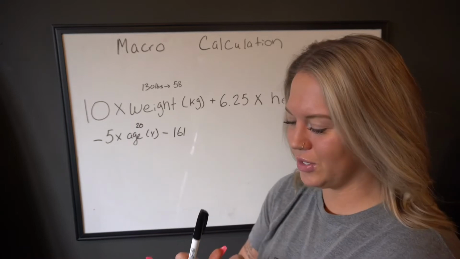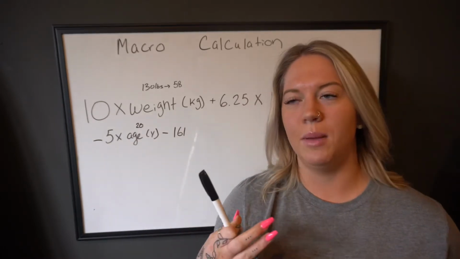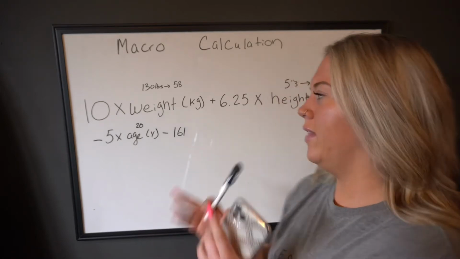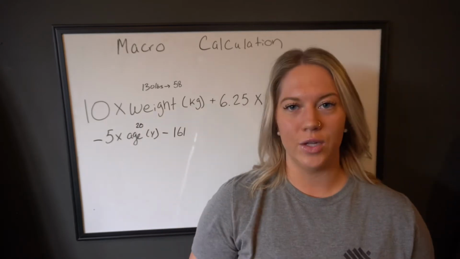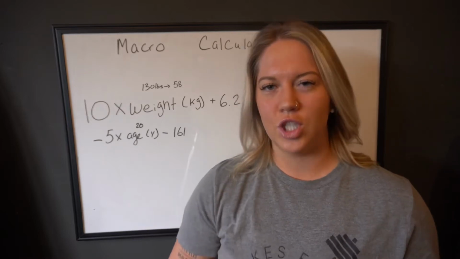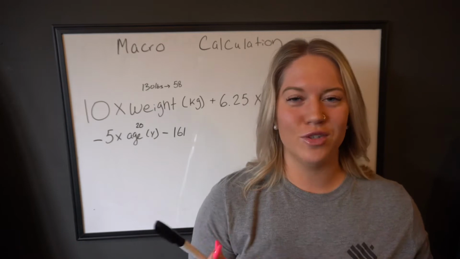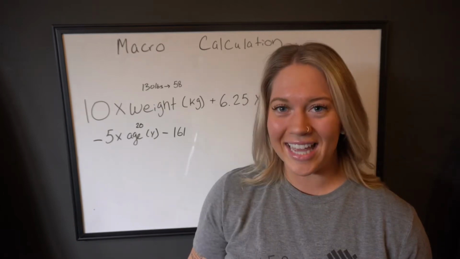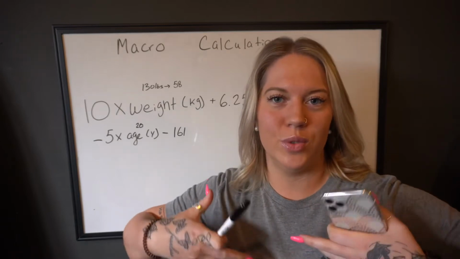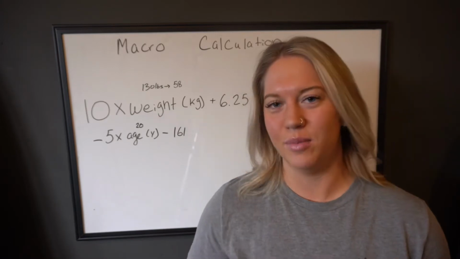So what we're going to do is calculate this, and it's going to give us your BMR, which means your basal metabolic rate. This number is the amount of calories that your body needs to consume in order just to function properly. Even when you're sleeping and just sitting on the couch watching Netflix all day, you are still burning calories just living. In order to keep breathing, your body is still burning calories.